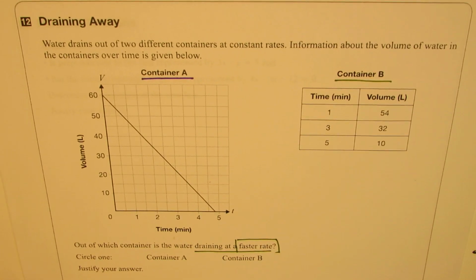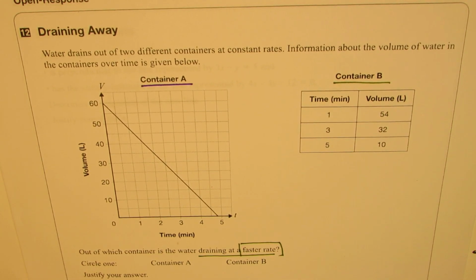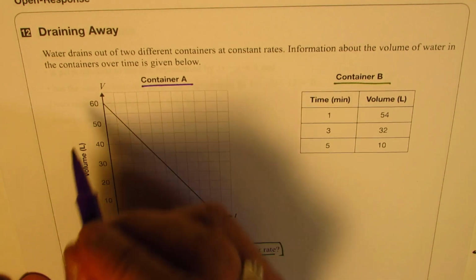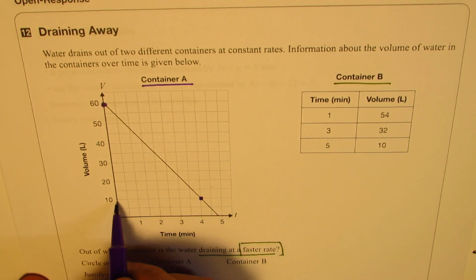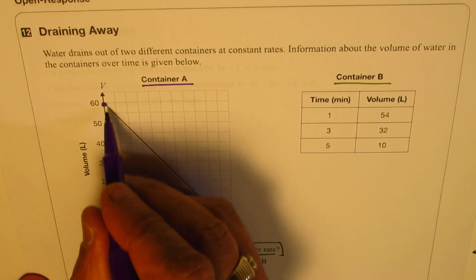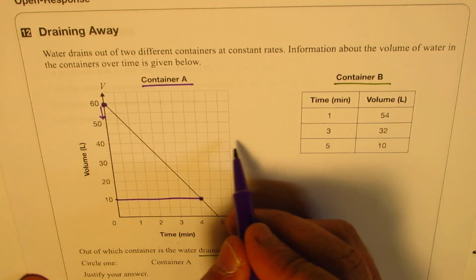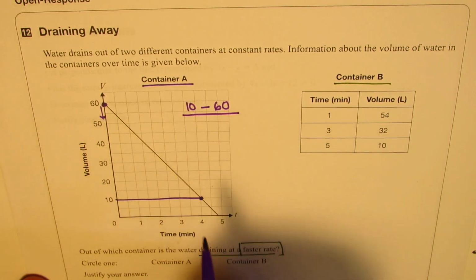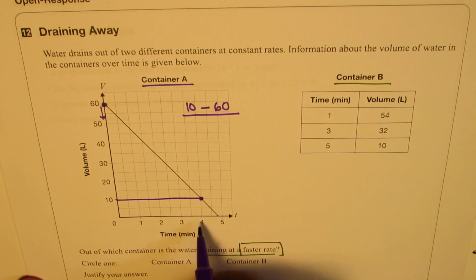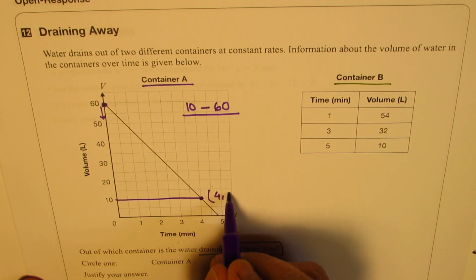So basically, we need to find the rate of change of volume, and both are decreasing, so it is draining away. So here, let's pick up 2 values, good values. Well, that seems to be a perfect value. So we get a triangle right there. So coming down means negative. So from 60 to 10. So you could write 10 minus 60, right? Divided by, as far as this is concerned, this point here is (4, 10), correct?